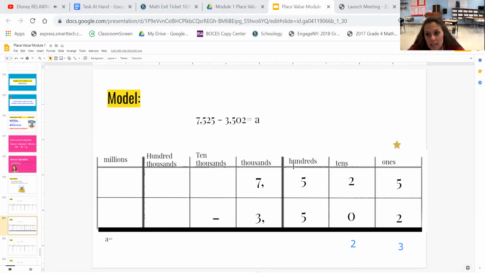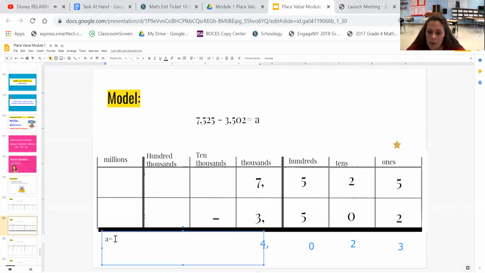Next, we go to the next biggest place value. 5 minus 5 is 0. And last, we go to the thousands place. 7 minus 3 is 4, giving us a value of A, our variable, of 4,023.